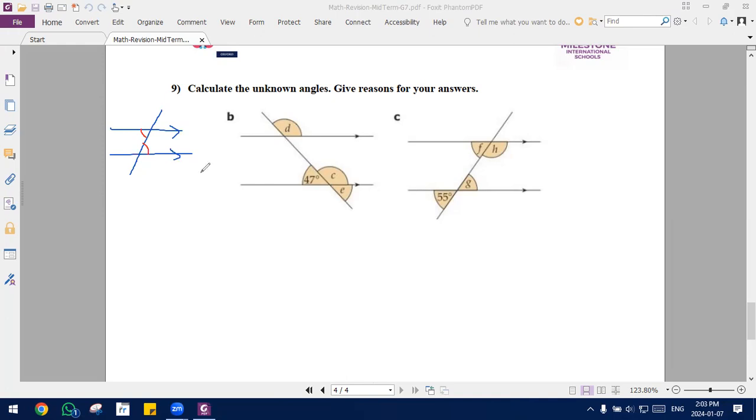And in the same graph, this angle also is equal to that angle. What do we call it? So these angles, why they are equal, we say that they are alternate angles.